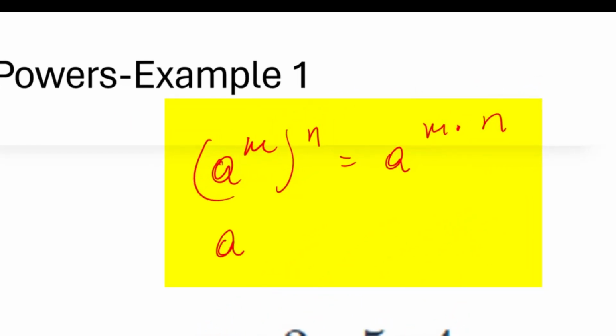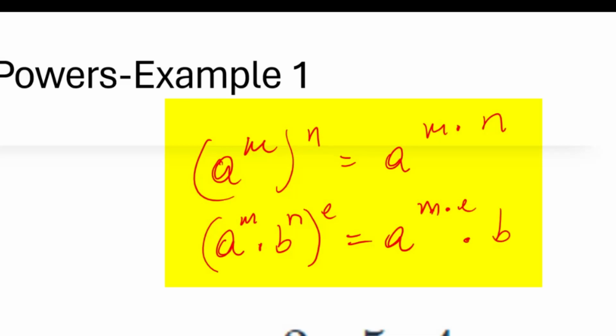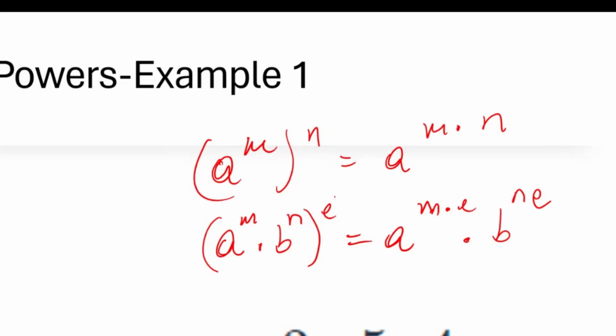Secondly, there's a variation of this rule: if I call this m and I call this n, and I raise everything to e, this is going to be a to the m times e, times b to the n times e. So notice it's almost like I'm distributing the exponent outside to everything else.